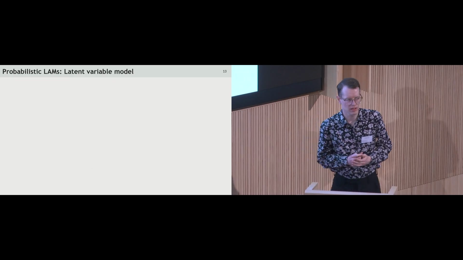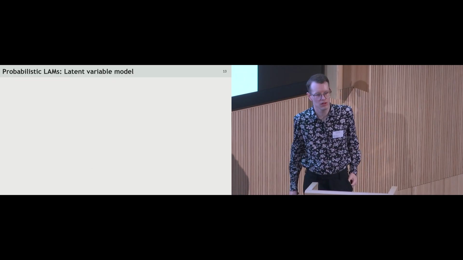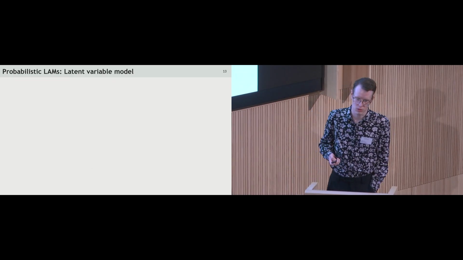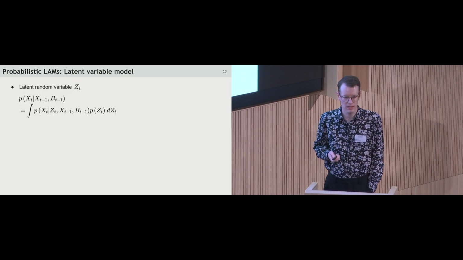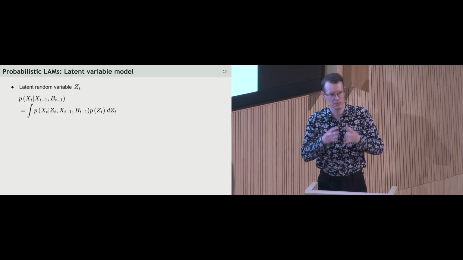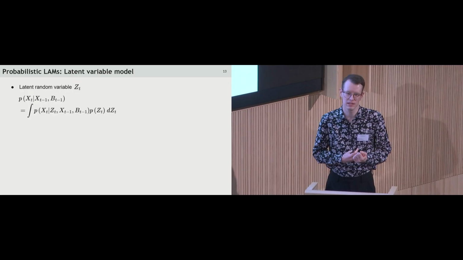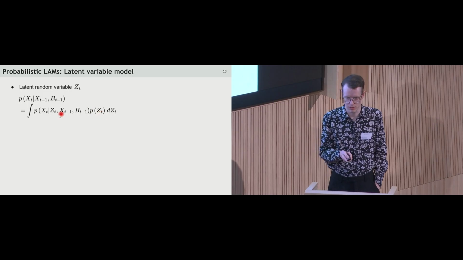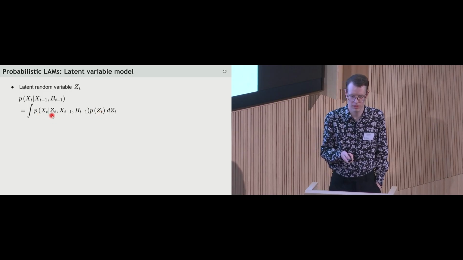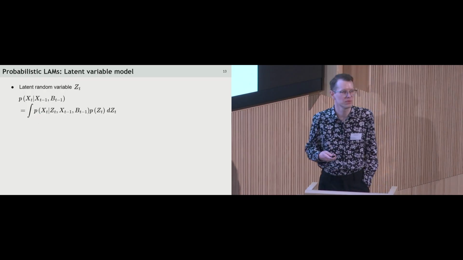Well, one alternative is that of latent variable models. The idea here is that we introduce some latent random variable Z, and we say that this Z is supposed to represent all the stochasticity in this mapping, and then we impose a distribution over Z, and we learn some neural network mapping from samples of Z, as well as this conditional information, to the forecast at the next time step.